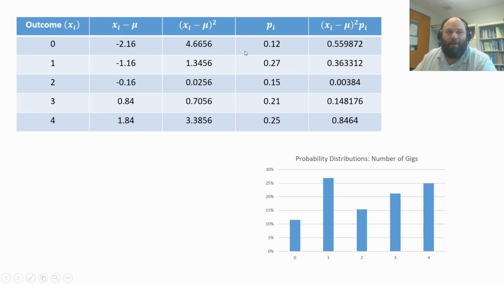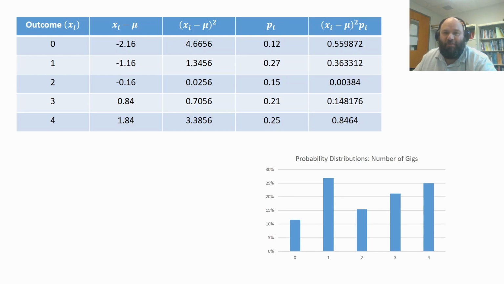We multiply it by the probability of getting a 0 value outcome, no gigs on a weekend, which is 12%, and the contribution from this outcome is 0.559872. We continue in this way for each possible outcome, finding the deviation from the expected value, squaring that deviation, and then multiplying by the probability.